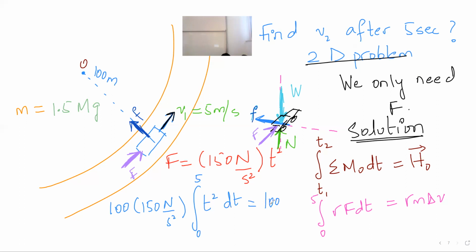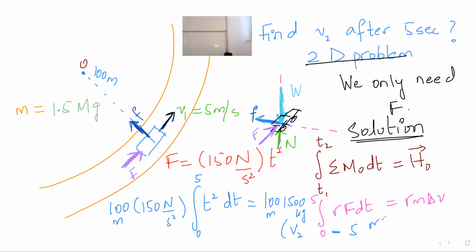Okay. Why didn't I write units, by the way? This is meter. This is meter. This is 1500. And then we have a beautiful delta V. What is delta V, by the way? It is V2 minus 5. Nice and easy.